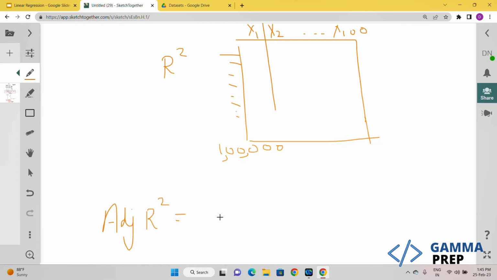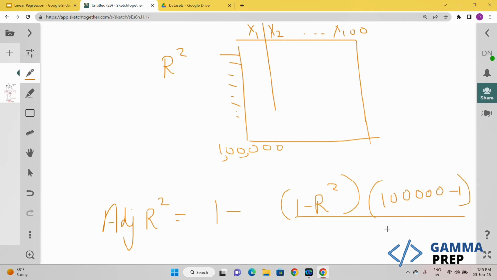Adjusted R square would be 1 minus the R square that you have already figured out into n minus 1. n is basically the total number of records that you have, that is 1 lakh minus 1, divided by n minus the independent features that you have, which is 100, minus 1. So this is going to be your adjusted R square and it turns out to be lower than R square.